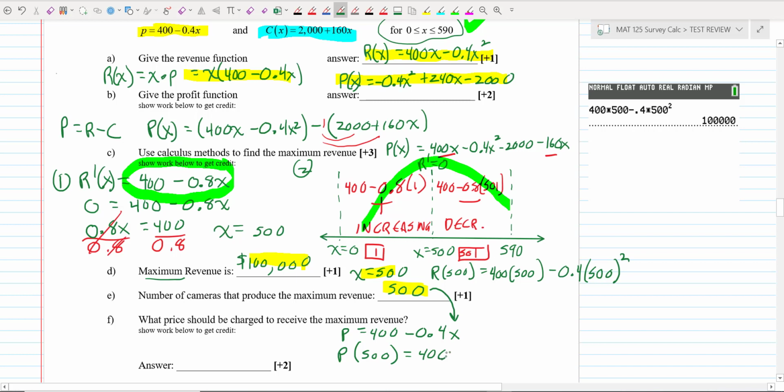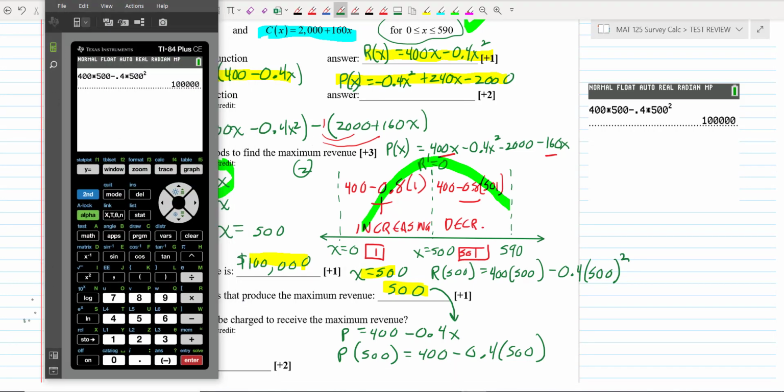So we get 400 minus 0.4 times 500, and that'll take care of that price there. That will give us a $200 charge then.